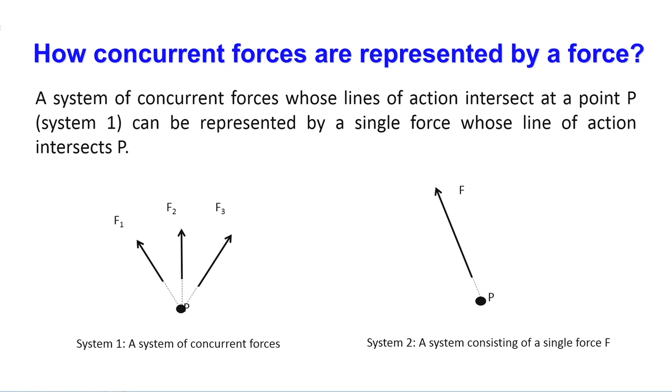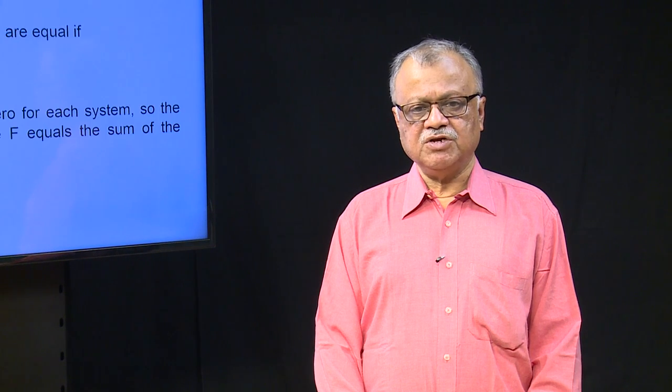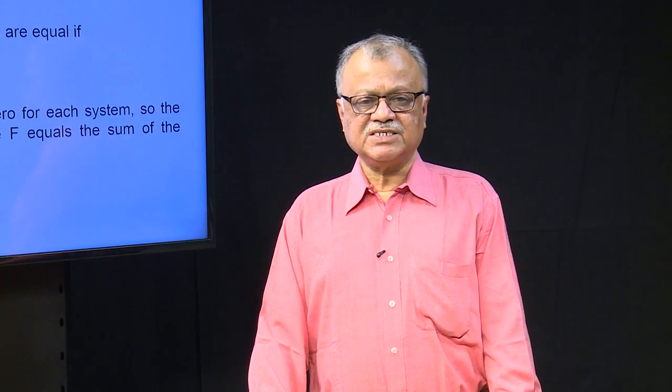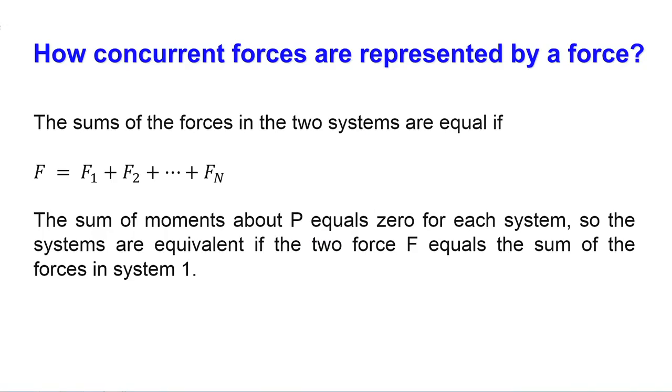The equivalent-systems conditions we put here: in the first system, the sum of the forces, and in the second system, the sum of forces equals F. In the first system, sigma F equals F1 plus F2 plus F3 plus up to Fn, and as there is no moment, there is no question of moment. So this is the condition if concurrent forces are there and we want to represent them by a force.